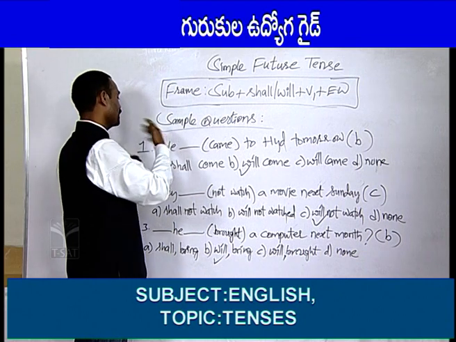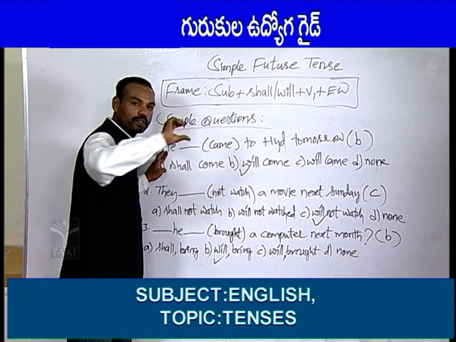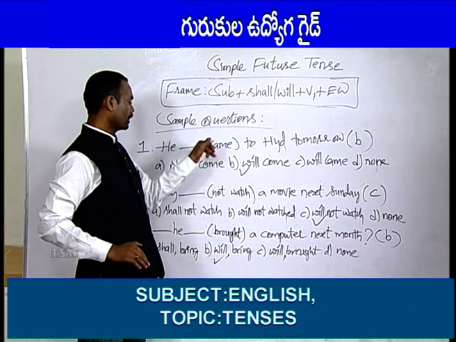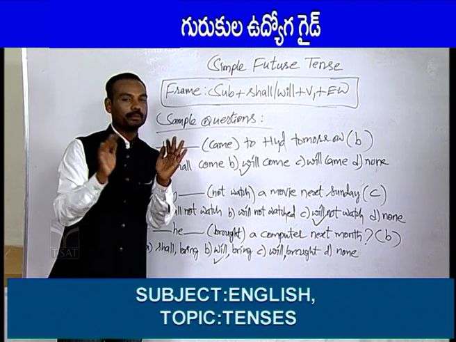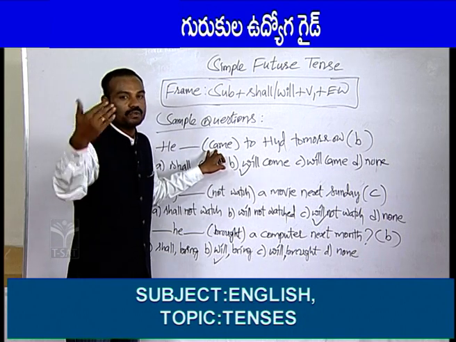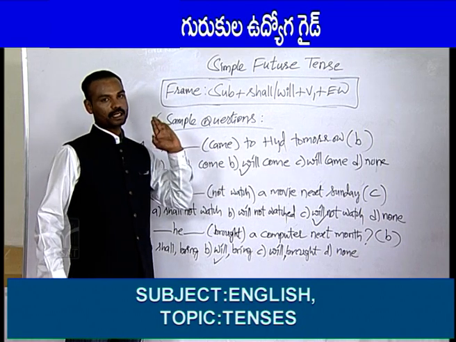From I, we, you, they, he, she, any subject they may give here. First one subject will be given, then will, then one dash, and under the bracket only one verb will be there. Sometimes they may give V1, sometimes V2, some other times V3 or ing form. This is the process of giving positive sentences.